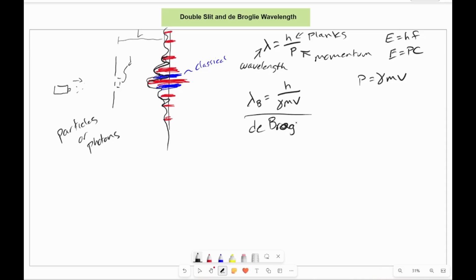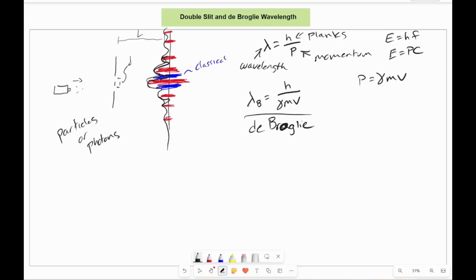Oh, geez. Every time I spell this in my head, I have to say de Broglie. And again, if we look at this experiment now with electrons or particles with mass, it also agrees very well with this double slit experiment. Other than just agreeing very well with experiment, there's a couple other things that make people warm and fuzzy about this.